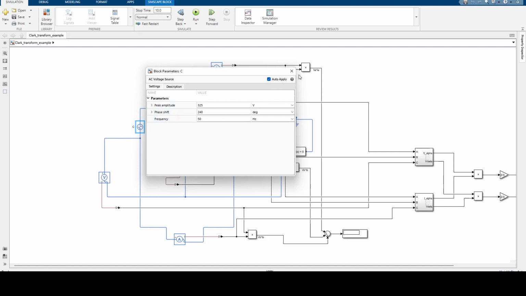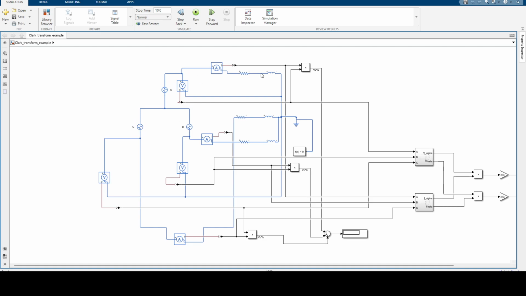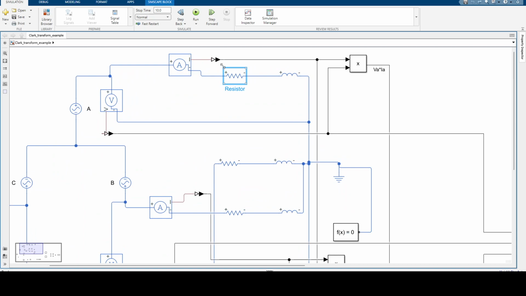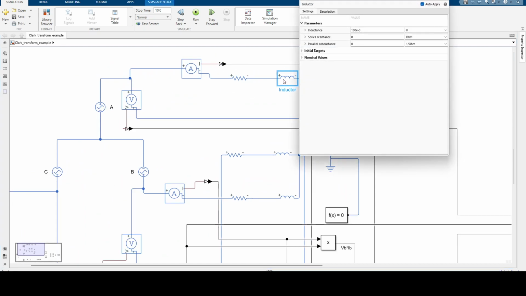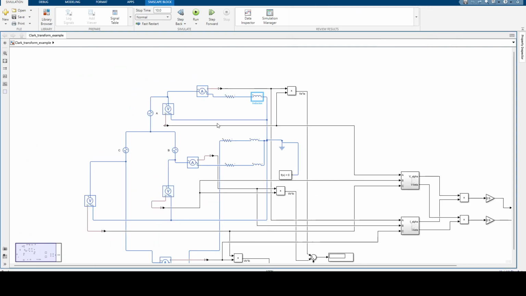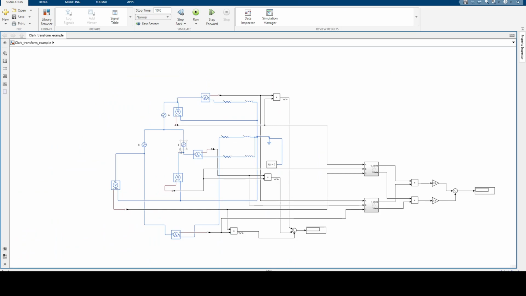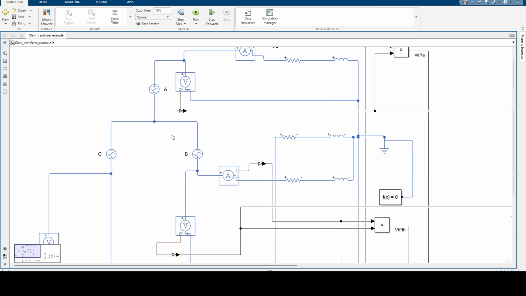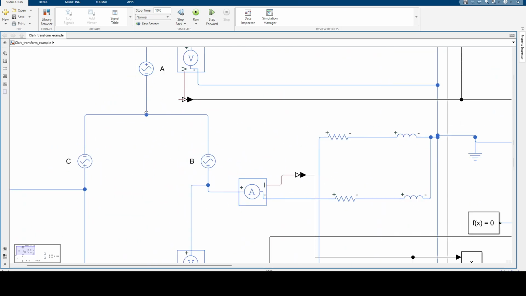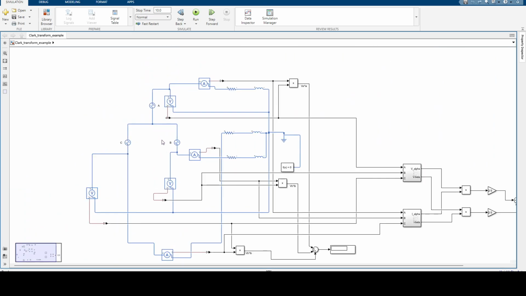For all we have 50 hertz frequency. Now here we have the loads. That's just going to be the resistor and inductor, and the inductor is 100 millihenries. We connected them in star configuration. Just be careful with the polarities. Make sure that all the negatives are facing them.